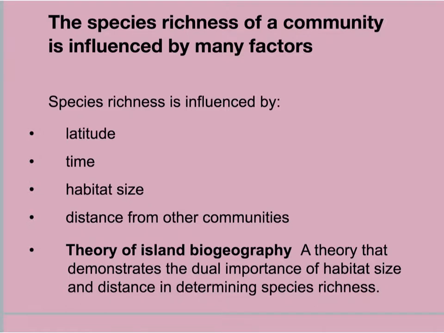The species richness of a community is influenced by many factors, and the relative importance of these processes varies from region to region. It's influenced by latitude, time, habitat size, and distance from other communities. As we move from the equator towards the North or South Pole, the number of species starts to decline.